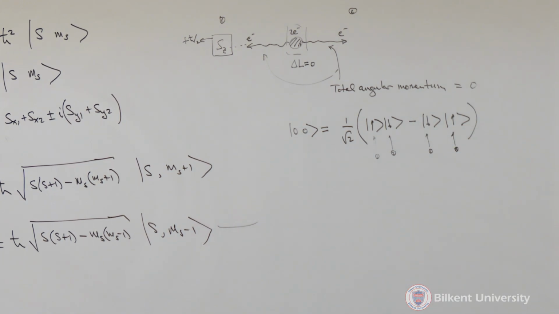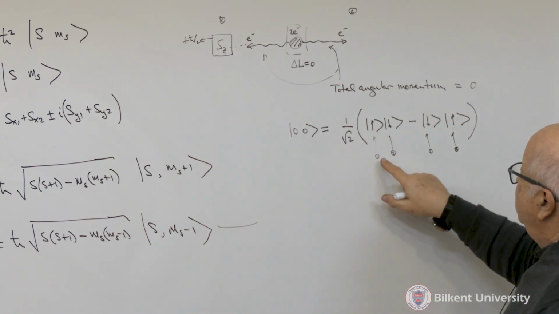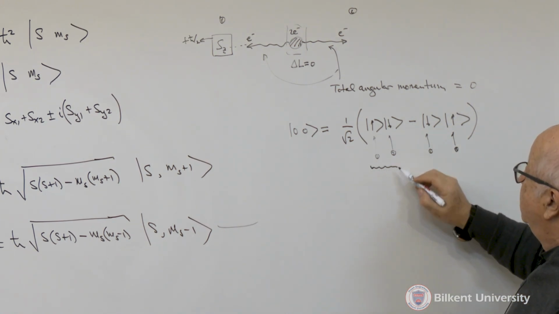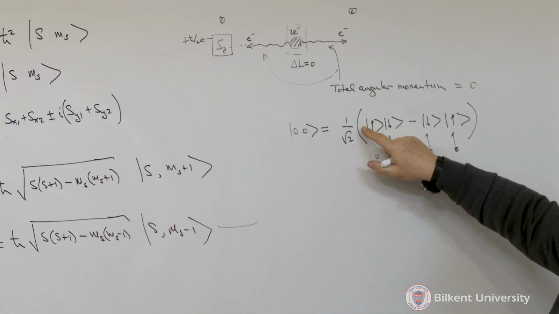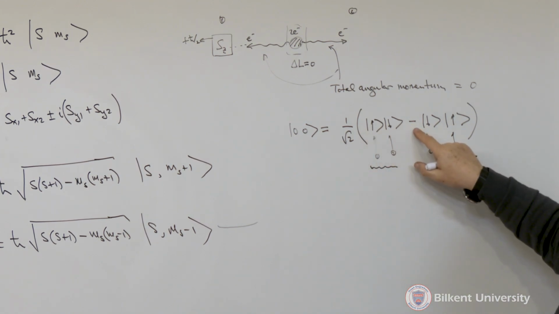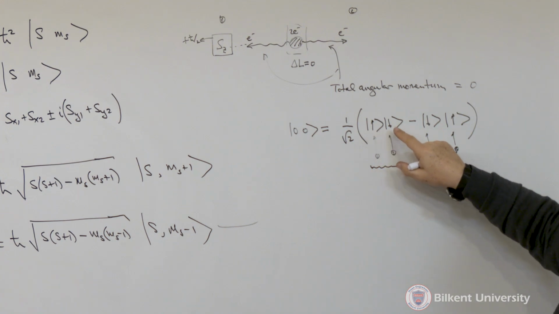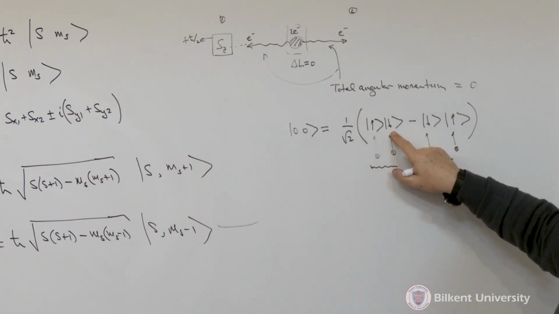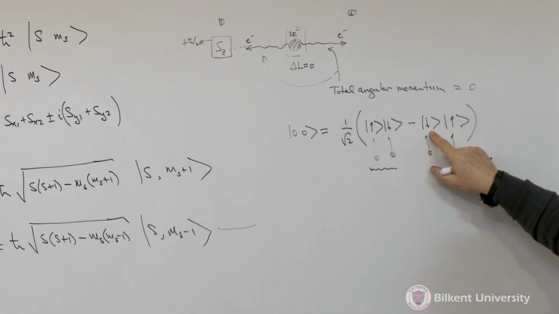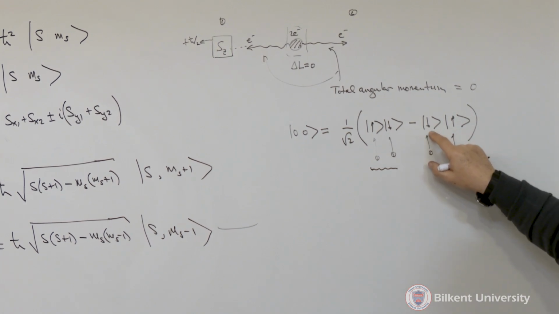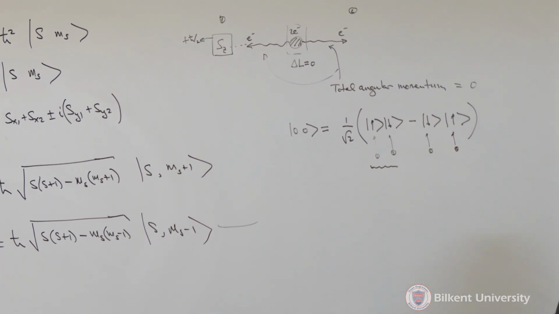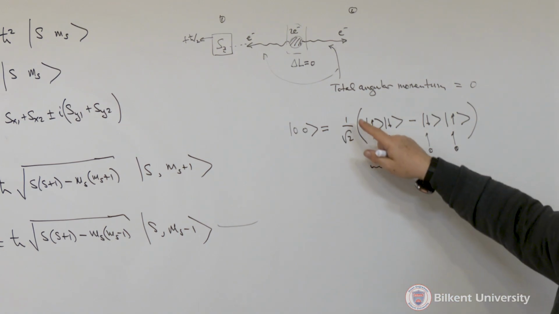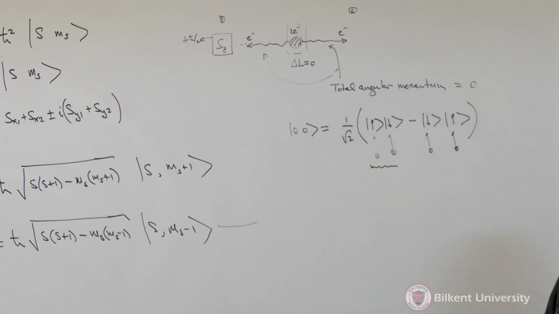The other electron's wave function will collapse to minus h bar over 2. So it means that I have measured this bit. It had 50-50 probability that the first one is up and the second one is down, or the second one is up and the first one is down.